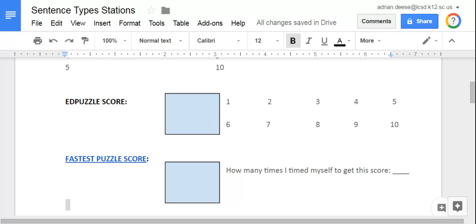Number 4. It would be a good idea to look at the entire sentence so that way you can read. With number 5, even though the question is in the middle of the sentence, you should actually start reading from here, focusing on what's underlined, but read the entire sentence.